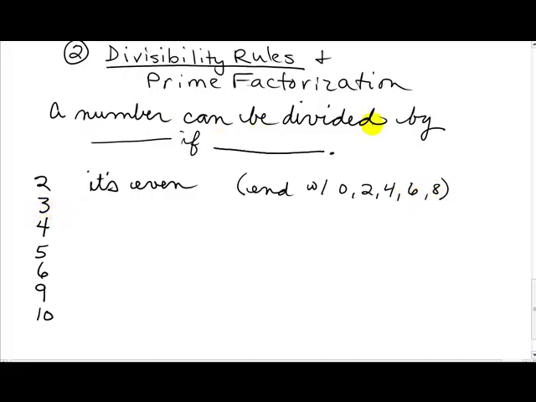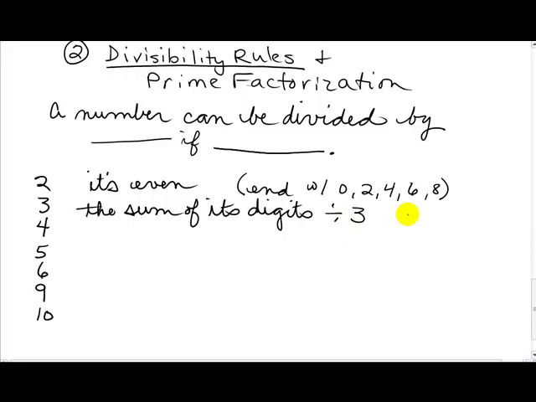3. A number can be divided by 3 if the sum of its digits can be divided by 3.